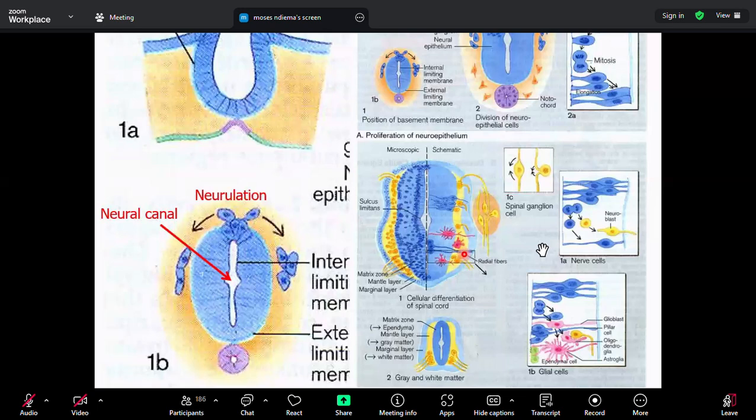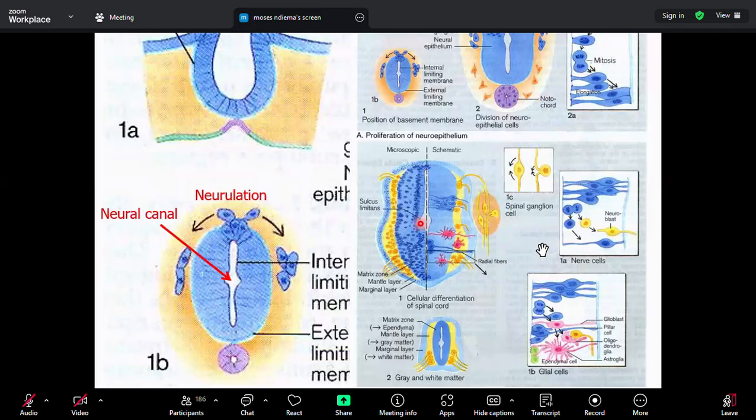But during the migration of these neurons, we have what we refer to as radial glial cells. The radial glial cells extend from the matrix zone all the way to the marginal zone, and they are very important in acting as a scaffolding for the migrating neurons.